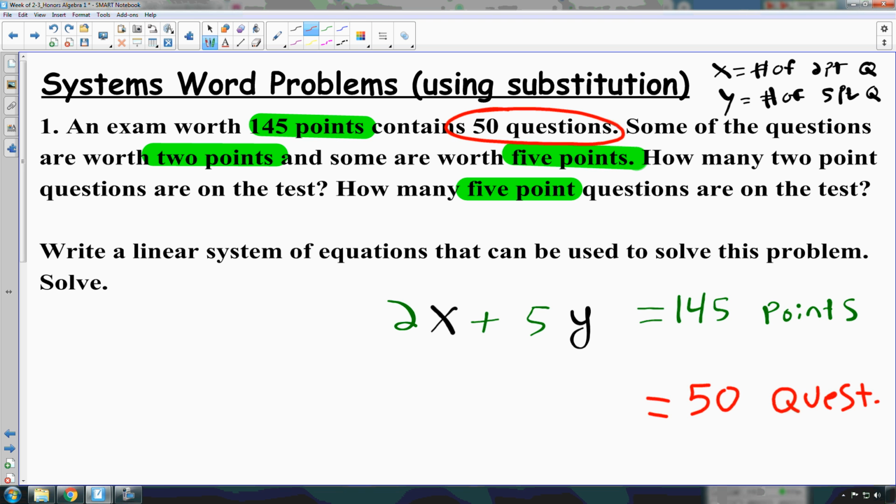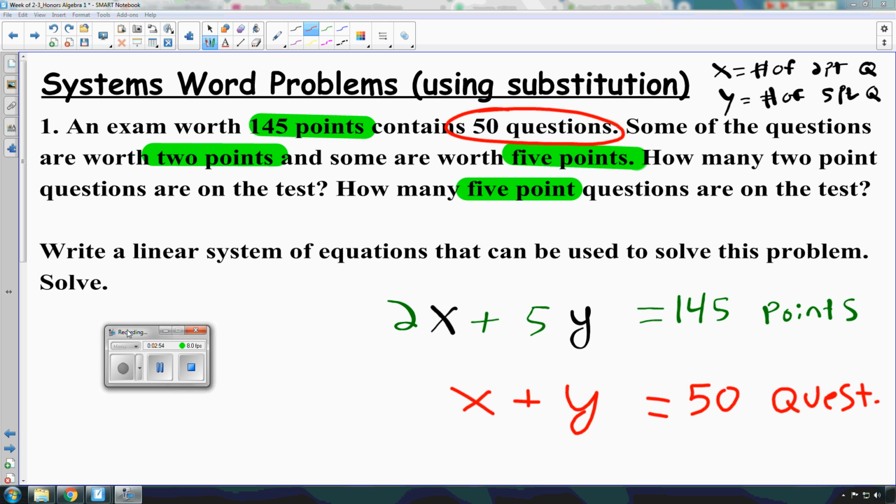What could we say for that? Well, up at the top we said the number of 2-point questions was simply X. So we have X 2-point questions, and Y 5-point questions. That's kind of where we're going with this, and hopefully that setup makes some sense.